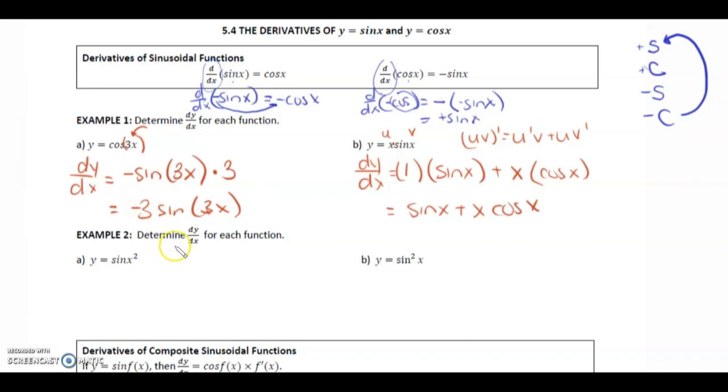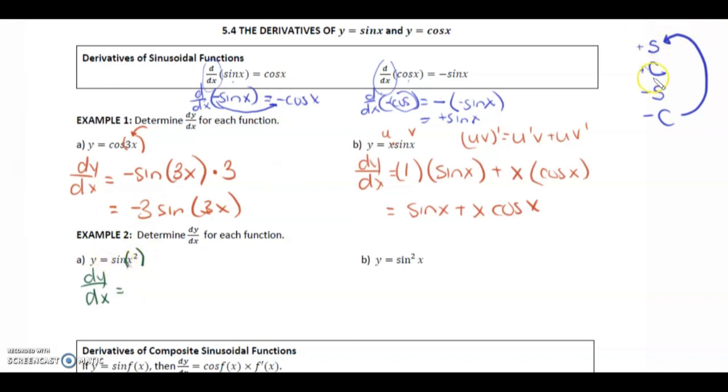Now example 2, determine dy by dx for each function. a is y equals sine x squared. So we can treat this as, our normal one would be sine x, but this function is actually x squared. So dy by dx equals, what's the derivative of sine?